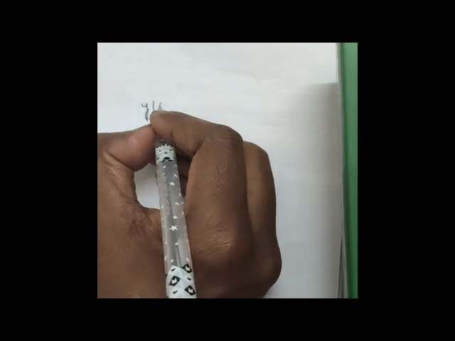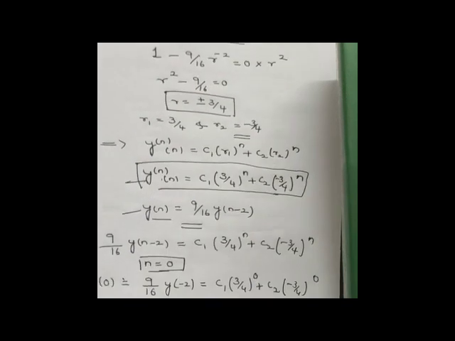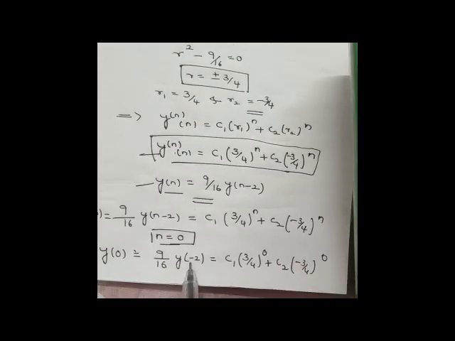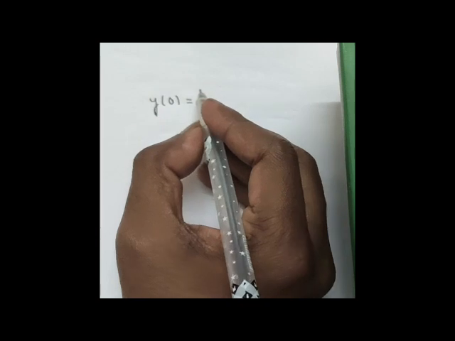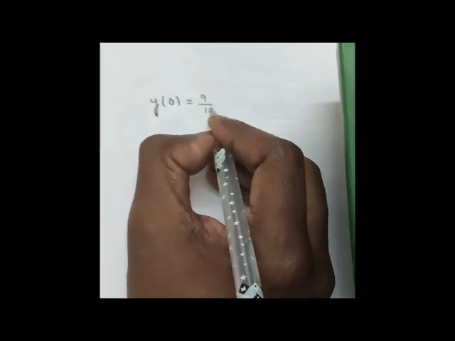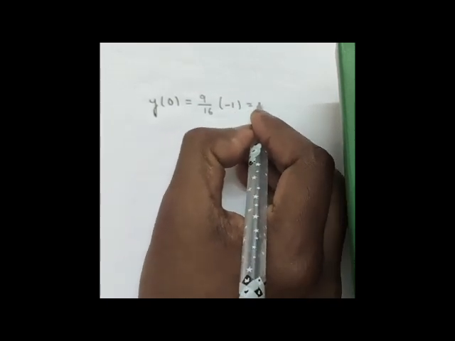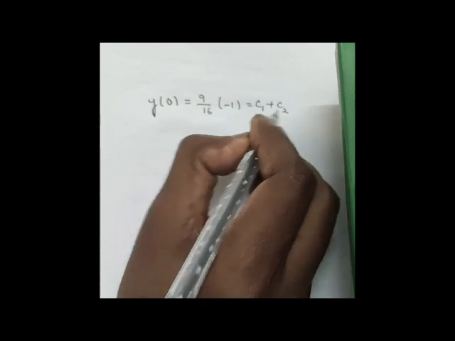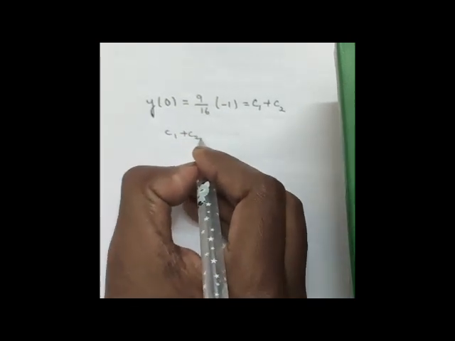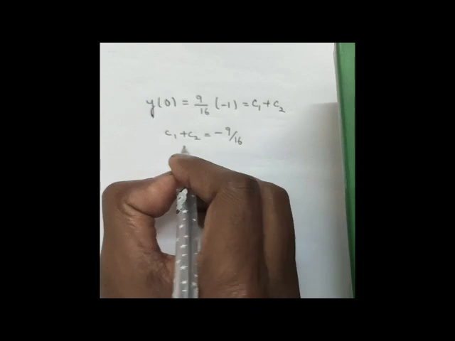You can see here the value 9 by 16 y of minus 2. From the initial condition, y of minus 2 is minus 1. So y of 0 is equal to 9 by 16 into minus 1 is equal to C1 plus C2. So that is nothing but C1 plus C2 is equal to minus 9 by 16.